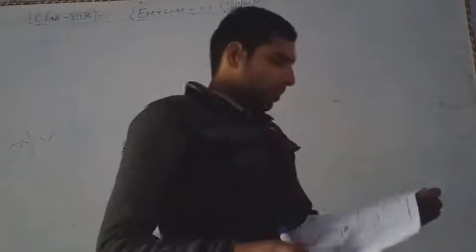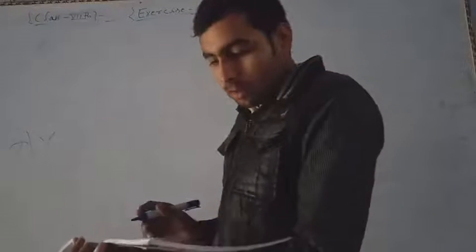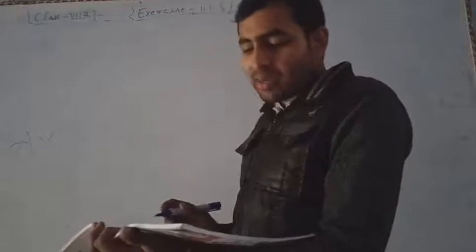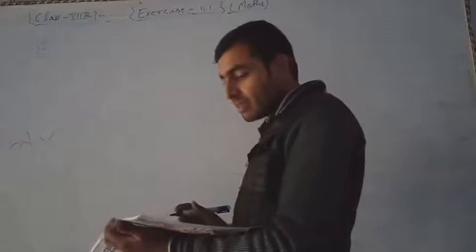First of all, part A: triangle ABC with sides 8 centimeters, 7 centimeters and 6 centimeters.